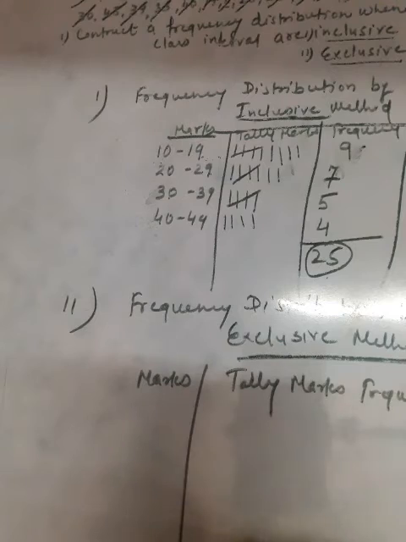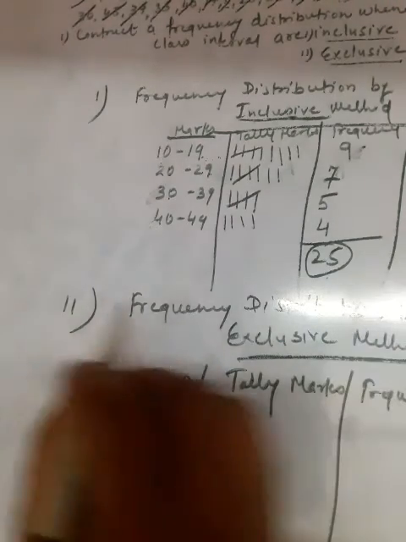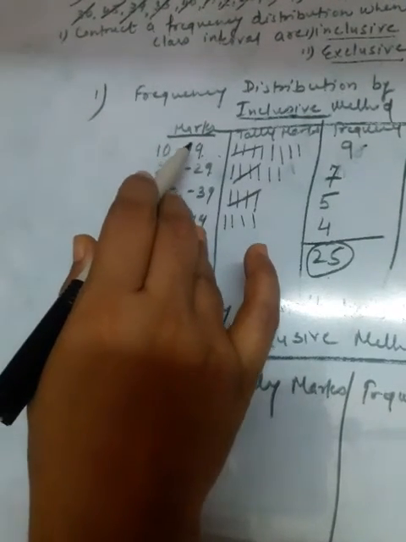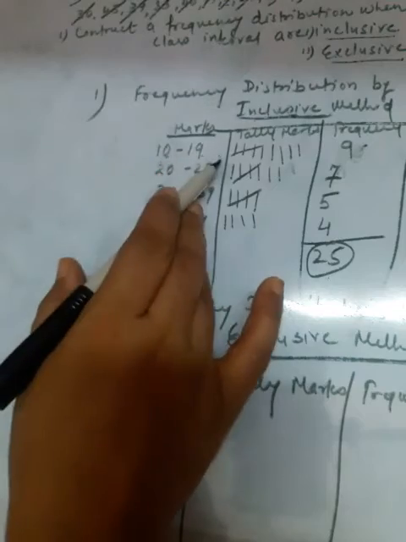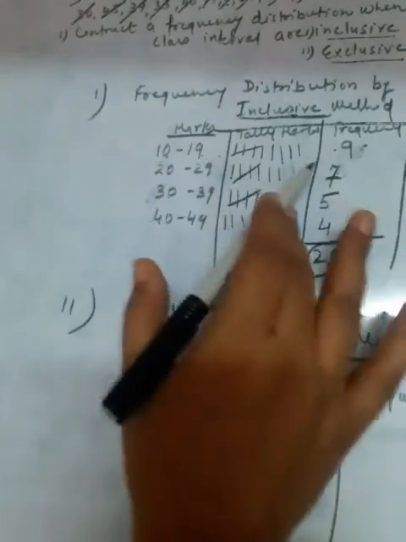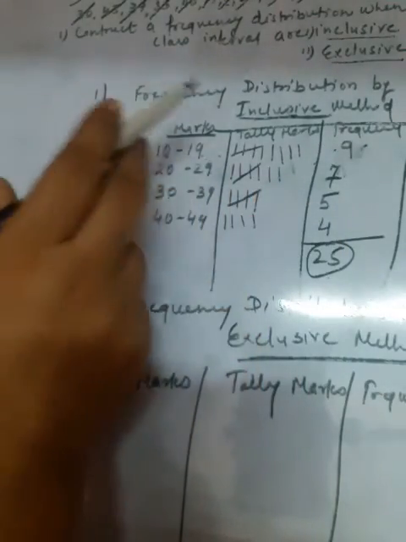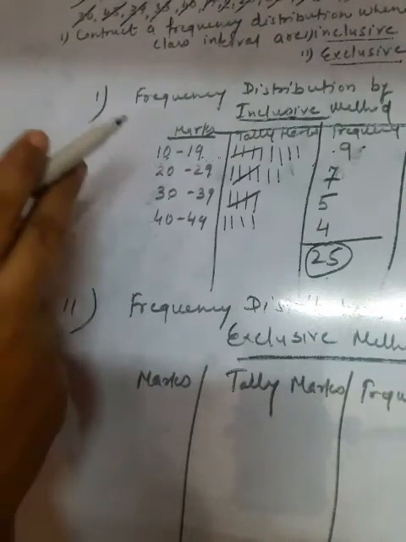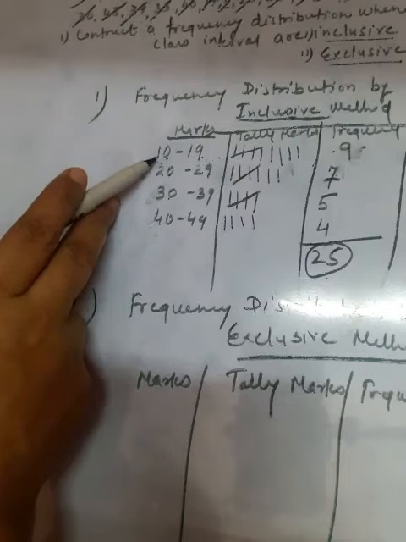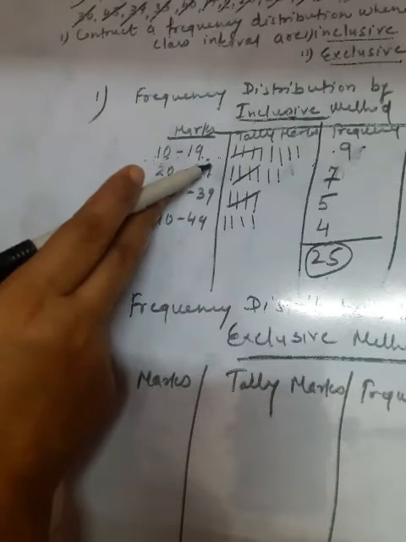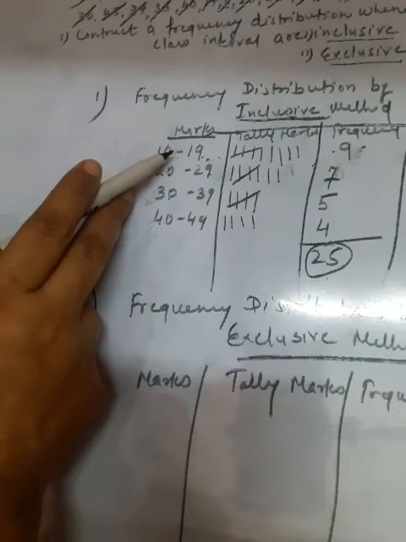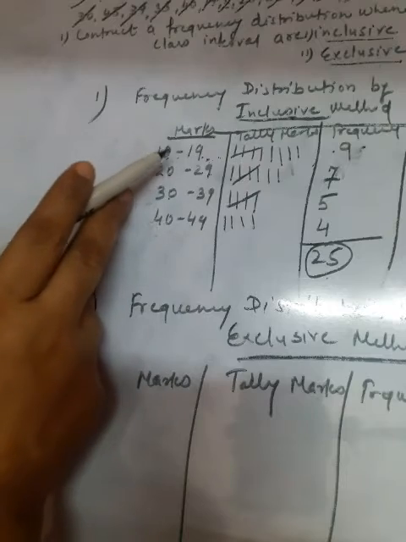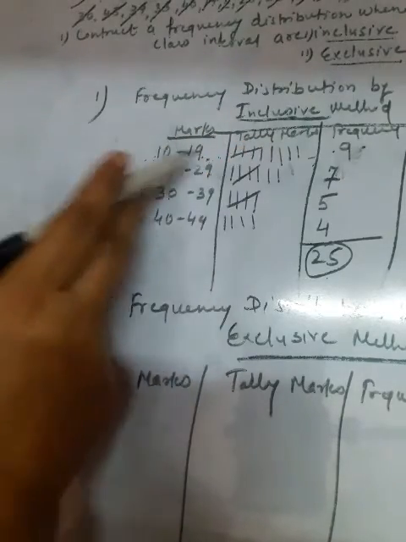Students, this is the basic difference between inclusive and exclusive series. In an inclusive series, again I repeat, both limits of the class interval, meaning lower limit and upper limit, are counted in the same class.